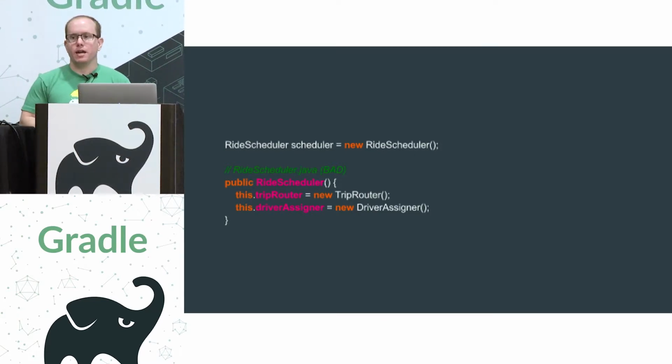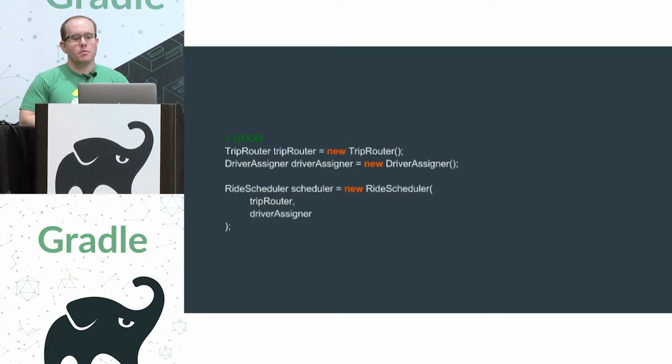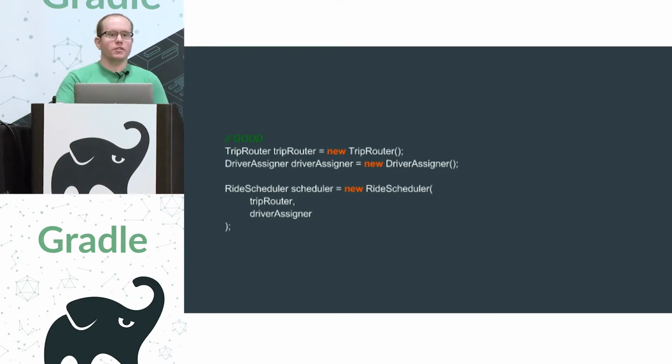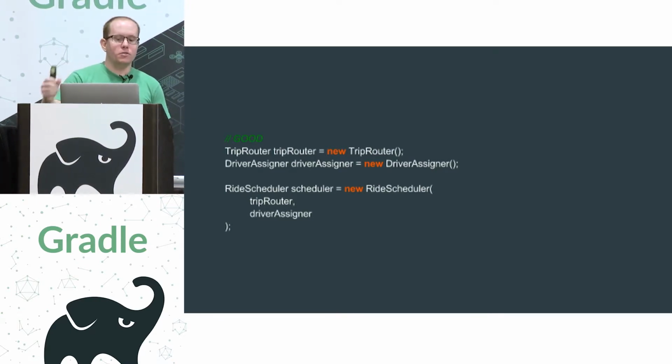Again, we're going to have a difficult time doing that because we've chosen the specific implementations. But if we just externalize those dependencies, we can choose the trip router and the driver assigner and compose the ride scheduler from them. Now the module that configures this instance can choose whichever trip router it wants based on the A/B test, and can choose the driver assigner based on whether the current user is a VIP or a regular user.